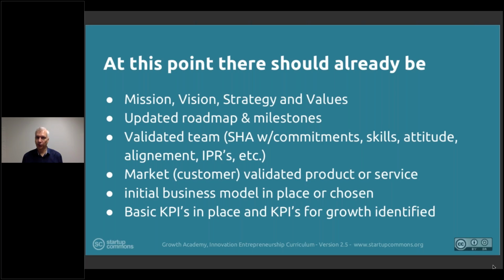So before you go into the scaling phase, you should have a very clear company mission, what value you are providing and to whom, a clear vision of where the company is heading, where the company should be envisioned in 10 years' time, and a general, very top-level strategy framework for how you are navigating in that mission towards that vision.